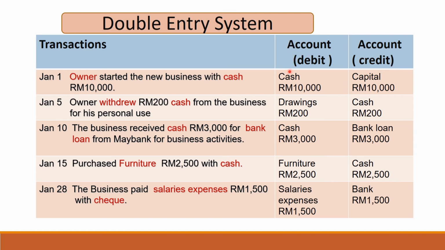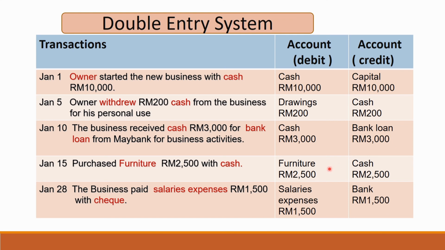The first one, debit cash with the same amount, 10,000. Credit capital, 10,000. Second one, debit drawing, 200. Credit cash, 200. Third transaction, debit cash, 3,000, and credit bank loan.